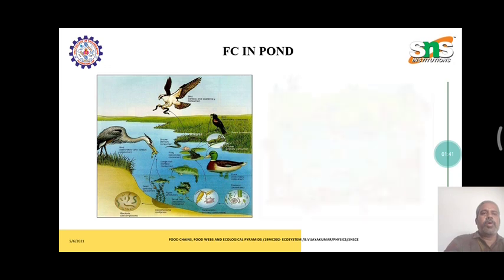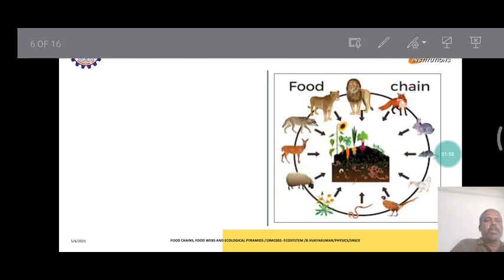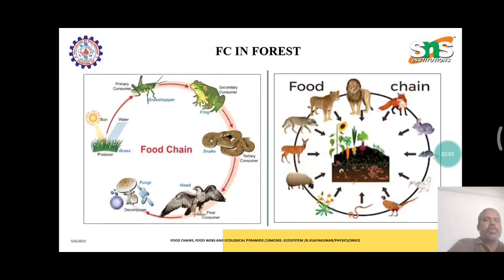Then, food chain in a pond. Look at the picture: the different species form the pond chain, which is aquatic in nature. Then, food chain in a forest. The food chain starts from the plants and finishes at the tertiary consumers, lions and tigers.